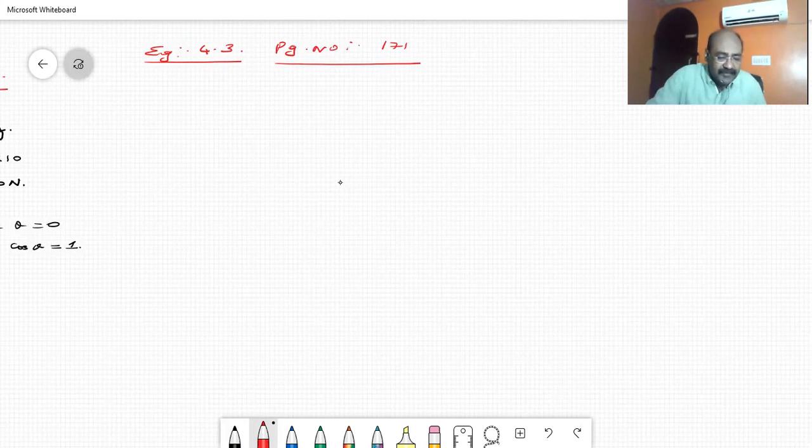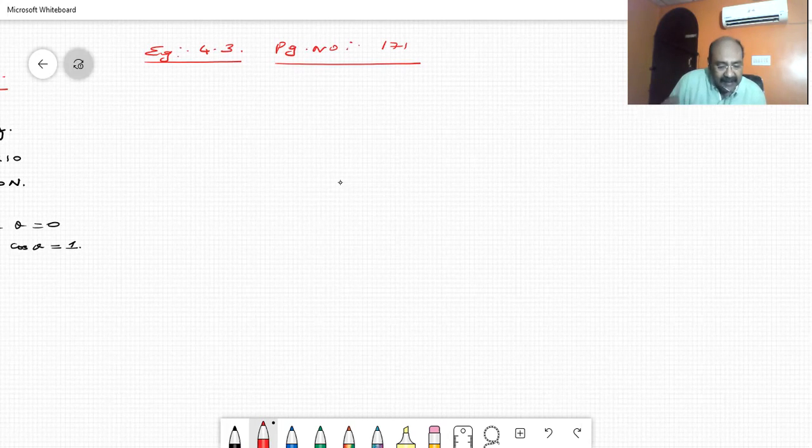An object of mass 1 kilogram is sliding from the top to bottom in a frictionless inclined plane of inclination angle theta equal to 30, and the length of the inclined plane is 10 meter as shown in the figure.